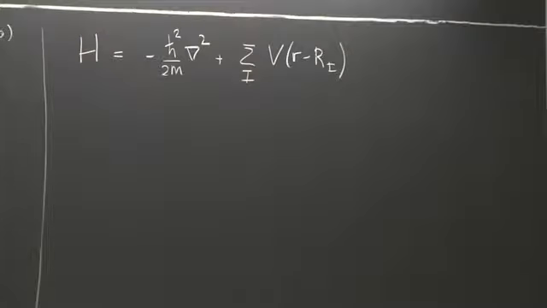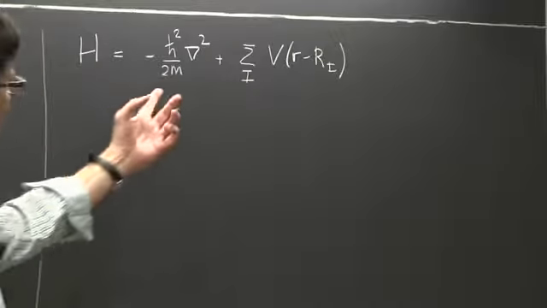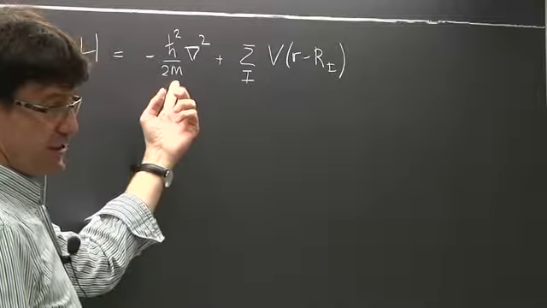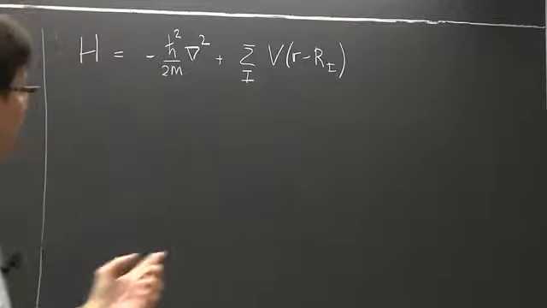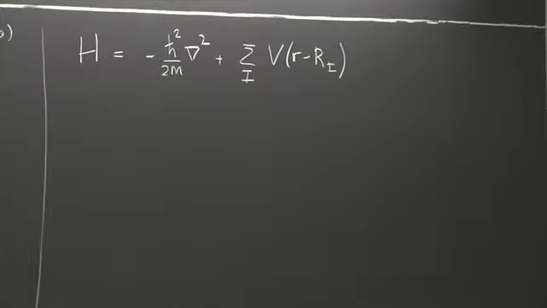Right? That is, each electron in my system will be subject to this Hamiltonian containing kinetic energy and the sum of all the attractive potentials due to all the atoms, the nuclei that are present in my system.